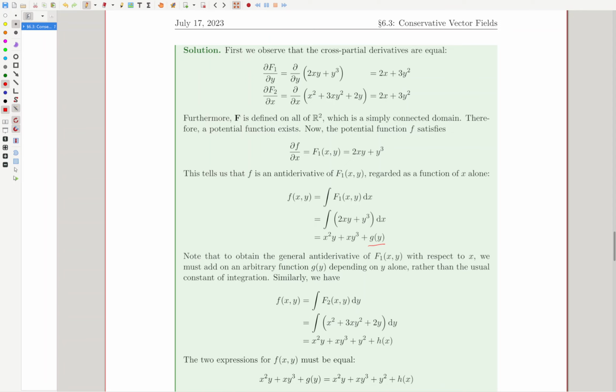That's because when we take the x derivative, everything that has just y in it, with no x's, gets killed. It goes to 0 under the x partial derivative. So the integration constant ends up being a function of y rather than just a number. That's going to be important because we have to match these two integrals up.